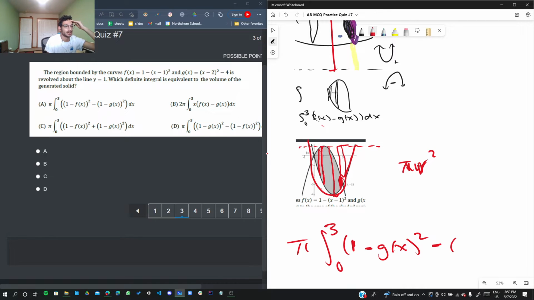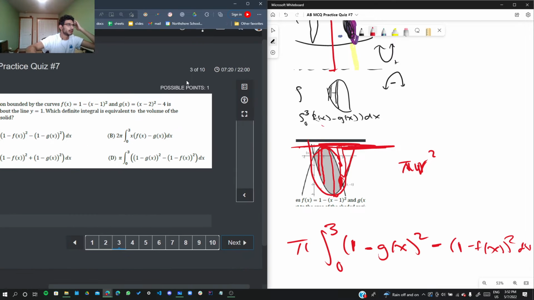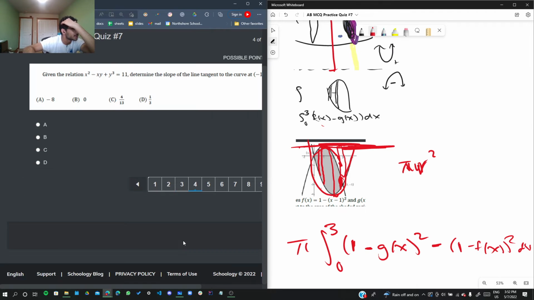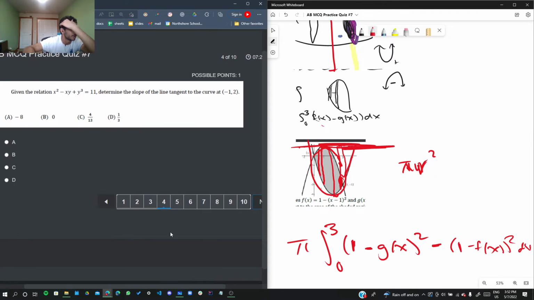So 1 minus, the inner, in this case, because of this axis of rotation, the inner function is going to be f of x. So it's just going to be that, and that is d. There we go. Unfortunately, I'm not going to have a lot of time explaining this because I'm going to run out of time.